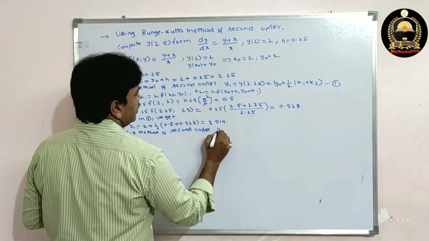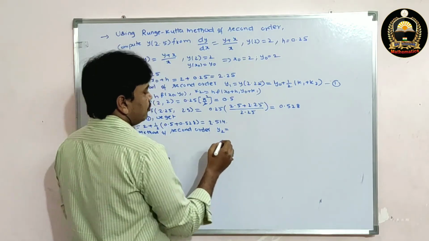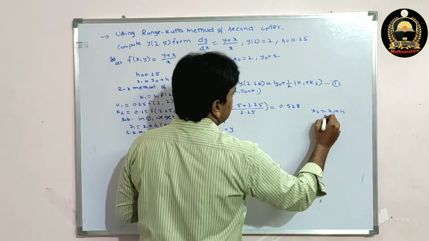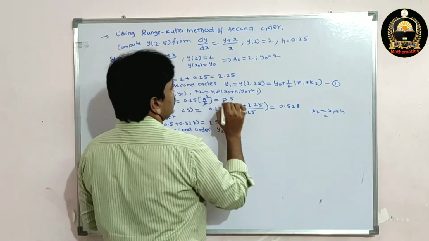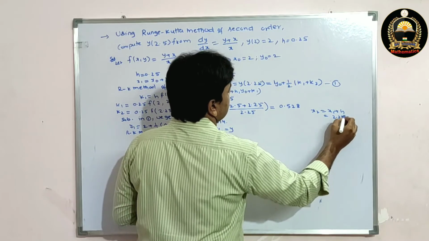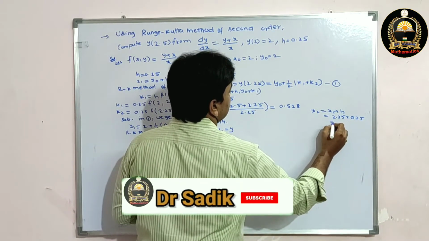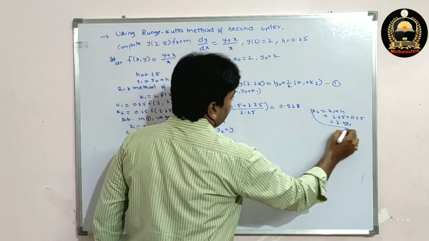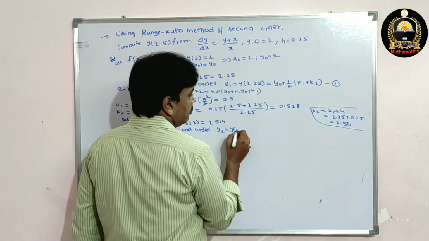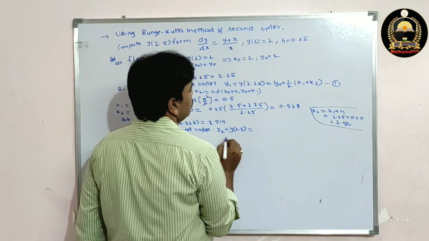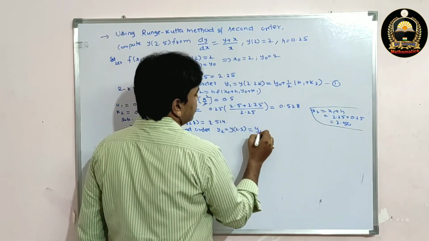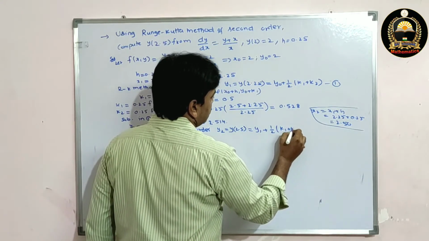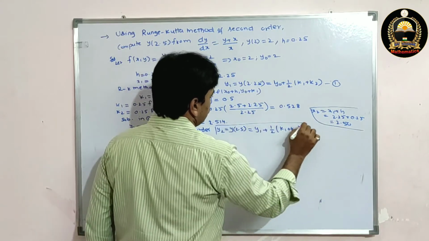What is next, students? y2, y2 means here y at x2, students. What is x2? x1 plus h. What is x1? x1 is 2.25 plus h value 0.25. So we get 2.50, students. So we get y at 2.5 is equal to, this time, y1 plus 1/2 into (k1 plus k2).